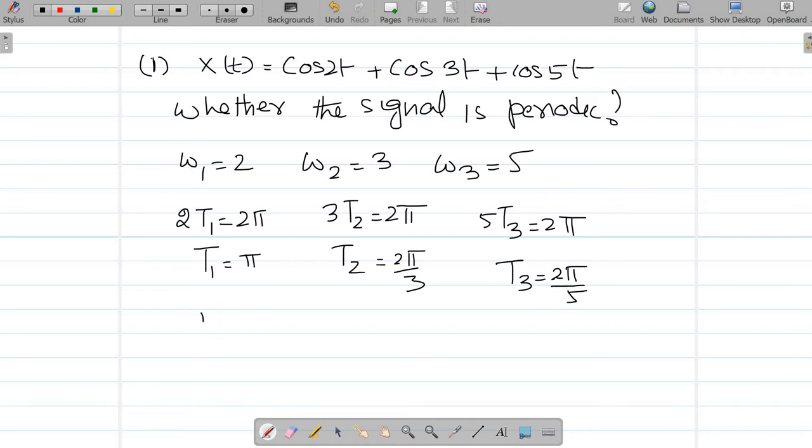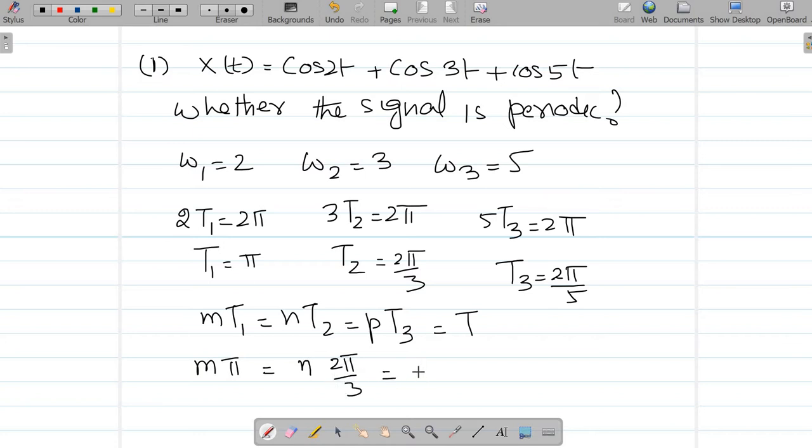Now the following condition will have to be satisfied. M times T1 is equal to N times T2, is equal to P times T3, that is equal to the time period T. So m into pi is equal to n into 2 pi by 3 is equal to p times 2 pi by 5.